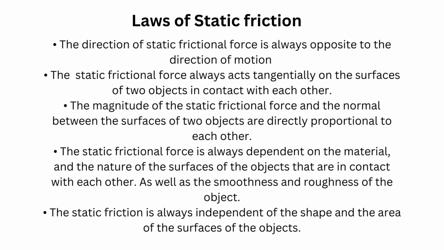Also, the static friction is always independent of the shape and the area of the surface of the object. Also, the static frictional force is always dependent on the material and the nature of surface of the objects that are in contact with each other, as well as the smoothness and roughness of the object. So these are the laws of static friction.